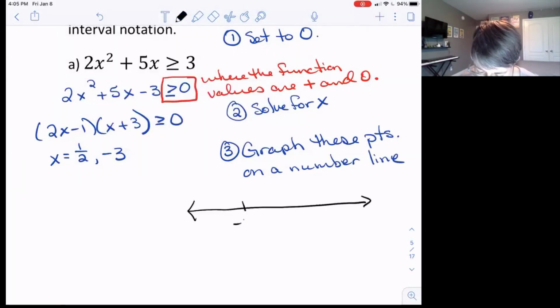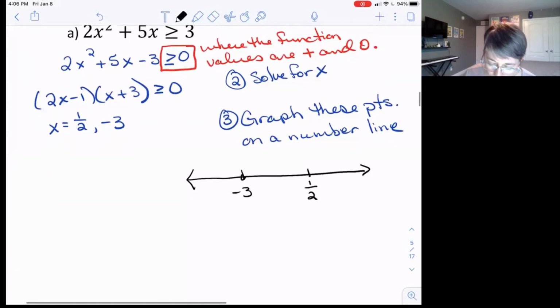So we have negative 3 and 1/2. Does not have to be to scale. We're using this simply as a tool. And we know both of these values are 0, so both of these guys are going to be included in our solution. The problem is we don't know which of these 3 intervals is going to give us a positive function value.